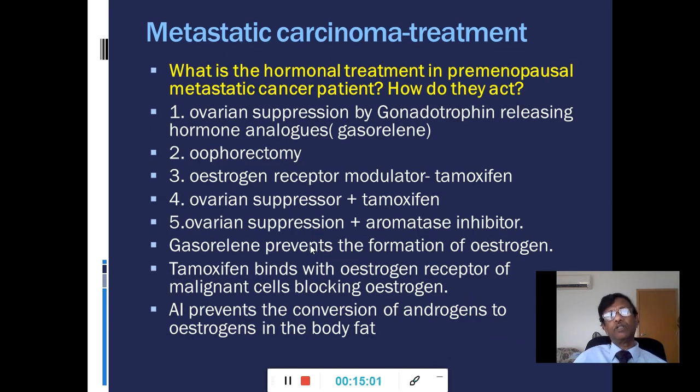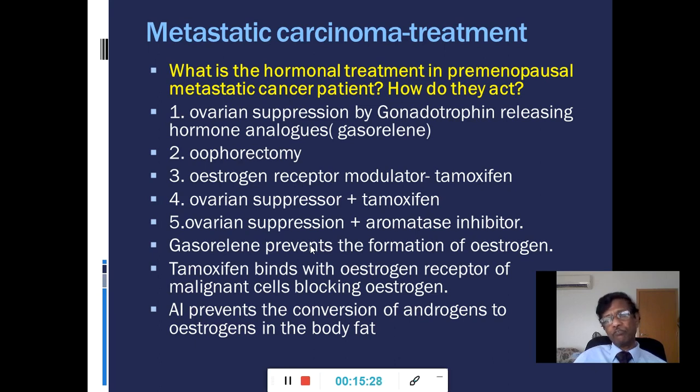What is the hormonal treatment in a premenopausal metastatic cancer patient? How do they act? Tamoxifen is a competitive blocker. One of the commonly used drugs is tamoxifen. But you have to have a plan regarding hormonal treatment. The first thing is to suppress the ovarian function.